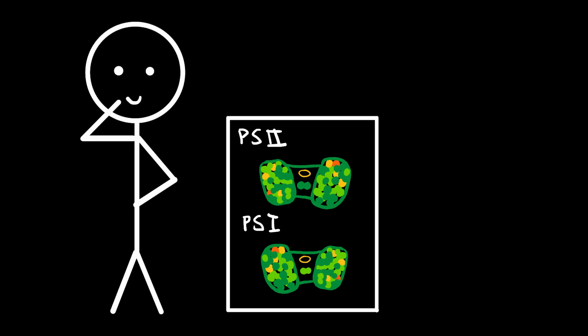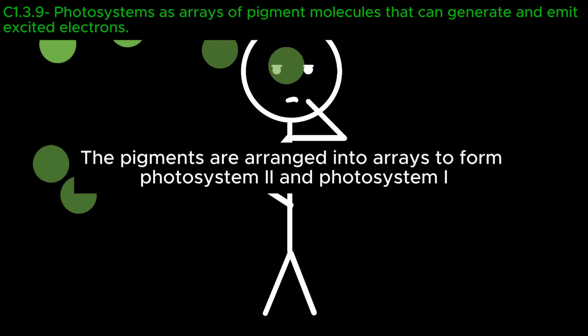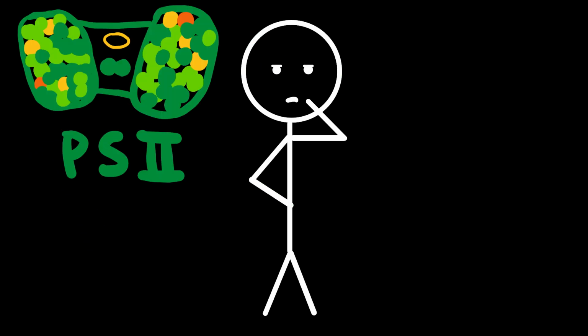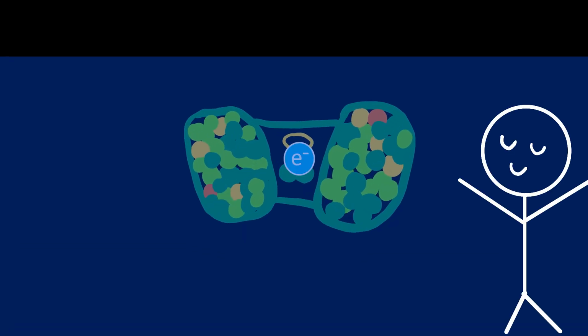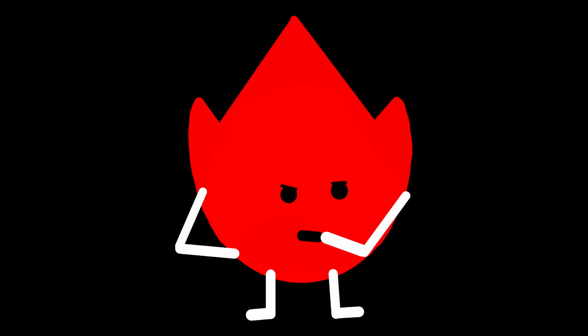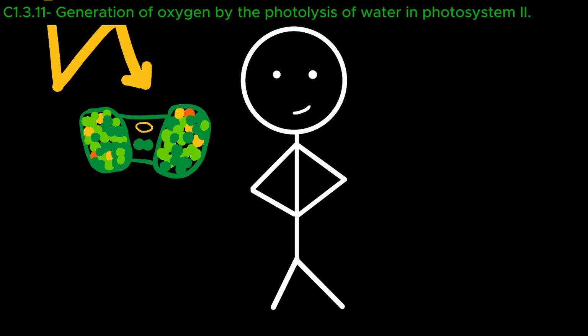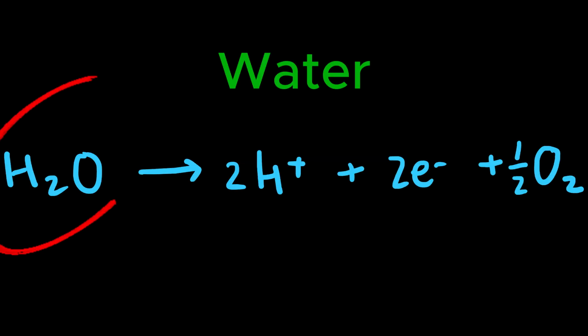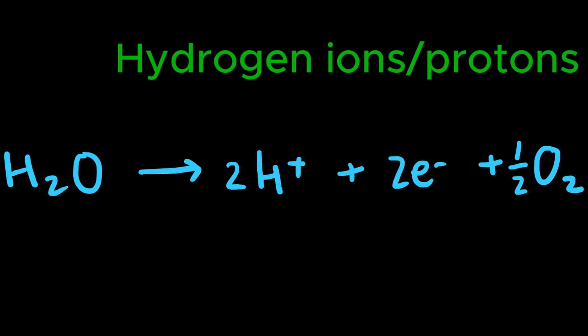Take this. Yes, thank you. I remember now. The pigments are arranged into arrays to form photosystem 2 and photosystem 1. Finally, electrons. How did you just create electrons out of water? Because the photosystems used light energy from the sun to split water into oxygen, electrons, and hydrogen ions, or protons.